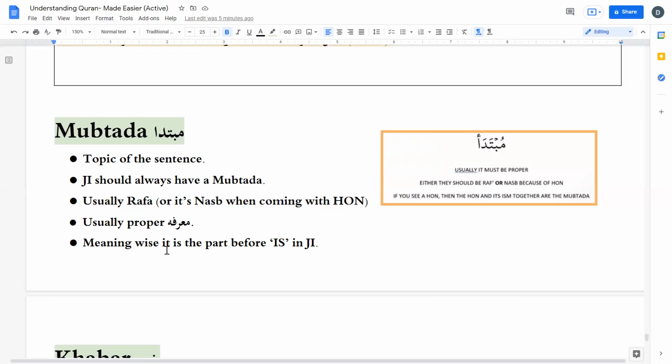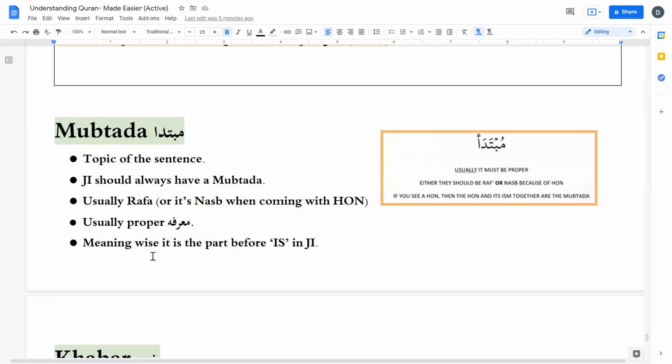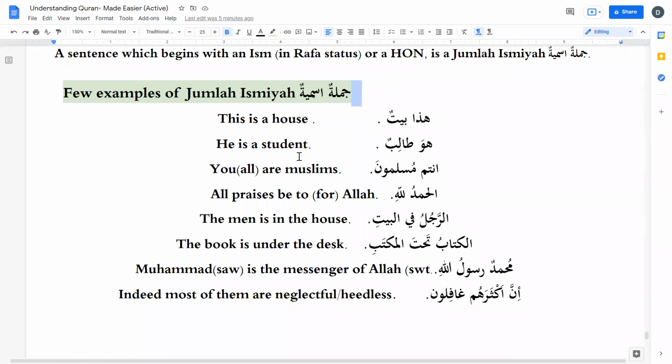Okay. And then if you observe the translation, you will observe that meaning wise, mubtada is the part before is in Jumlah Ismiyah. Let me go back to these examples. This is a house. This is the subject, mubtada. He is: the subject, mubtada, before is. You all are: the subject before a variant of is.